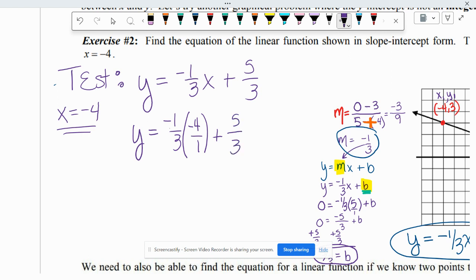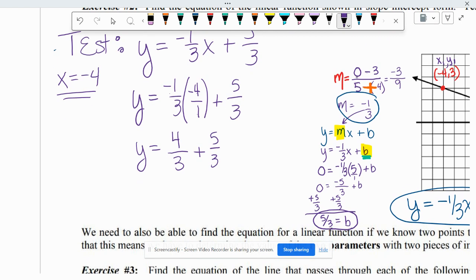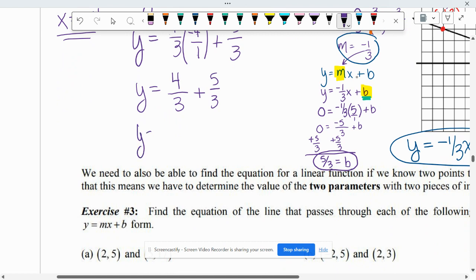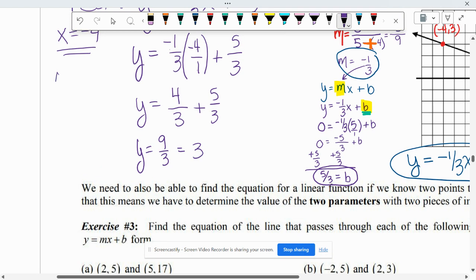What is -1 times -4? It's a +4. 3 times 1 is 3. So I have 4/3 plus 5/3. What is 4/3 plus 5/3? It equals 9/3. But what does 9/3 reduce to? It equals 3. So this says that when x is -4, y is 3.